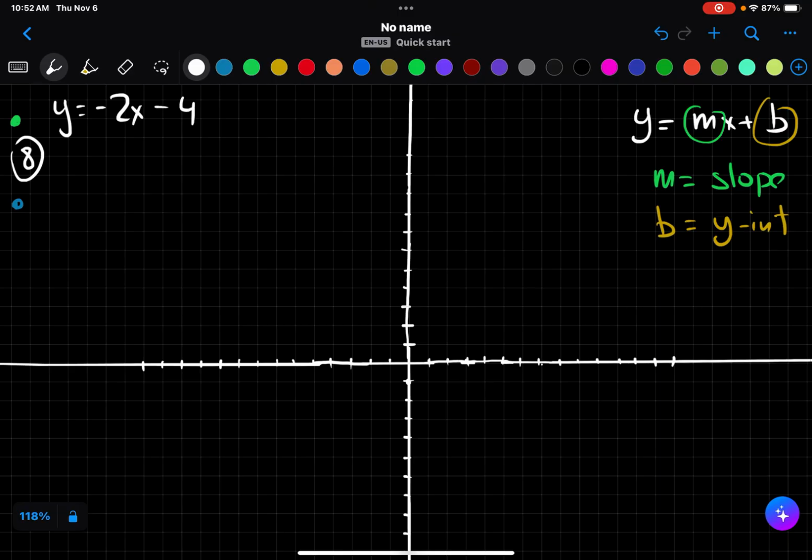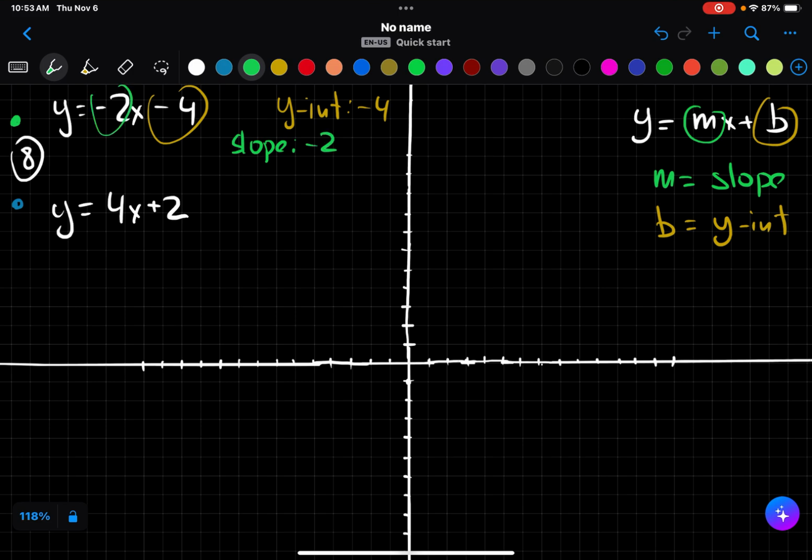No drama, no llama. All right, for the green top equation, the y-intercept is just a -4. And the slope, that's our -2. Put it as a fraction over 1, which means go down 2 to the right 1.